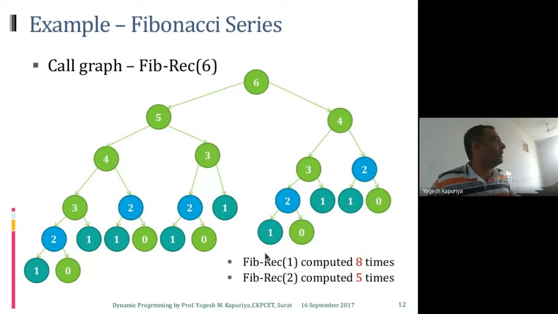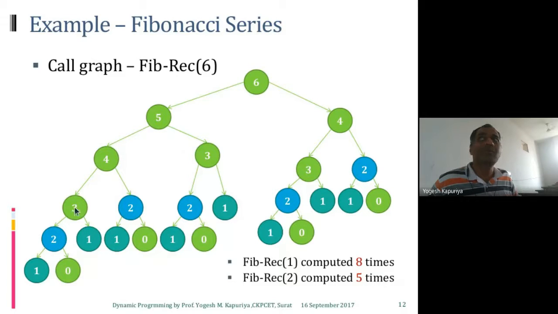Why is it costly? Let us try to understand by this graph. Let's say you are making a call for 6. What will this 6 call be doing? It will make a call to 5 and 4. Again, that 5 will make a call to 4 and 3.